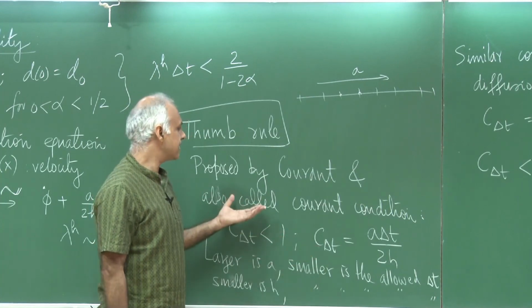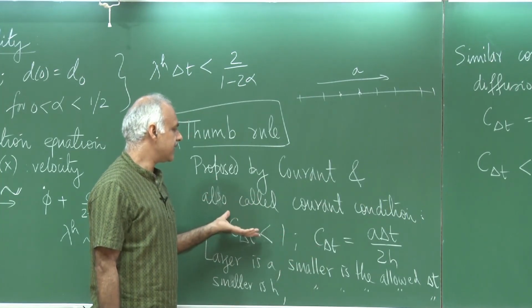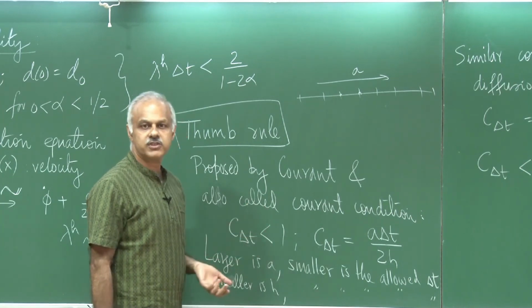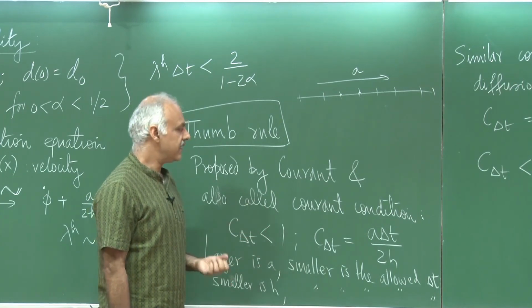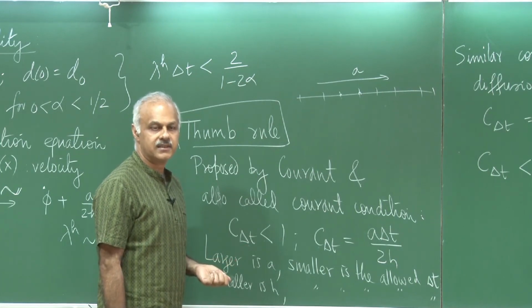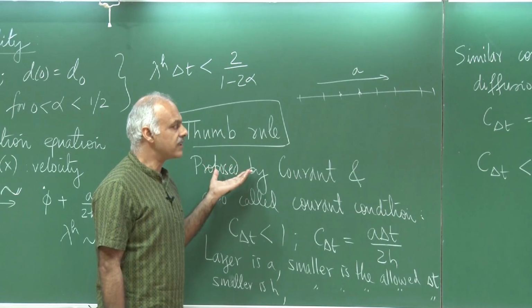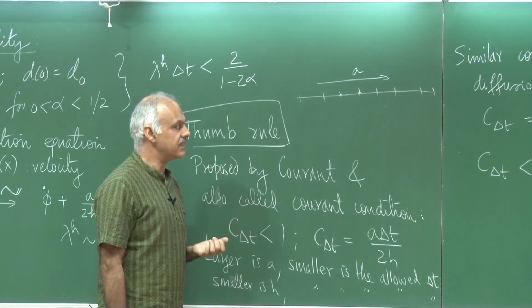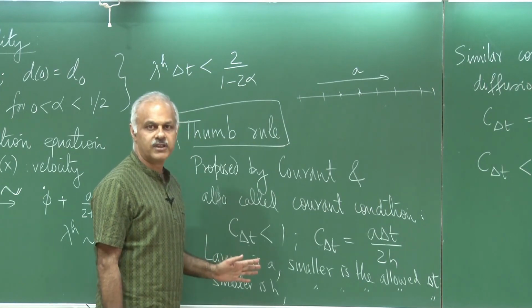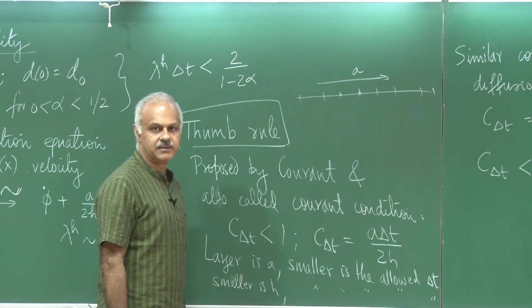So, the thumb rule is neither the convection Courant number nor the diffusion Courant number should exceed 1 if you are choosing an algorithm which is conditionally stable. For the generalized trapezoidal scheme, if you use alpha greater than or equal to half, then you are always stable. So, you do not have to worry about the size of the time step.